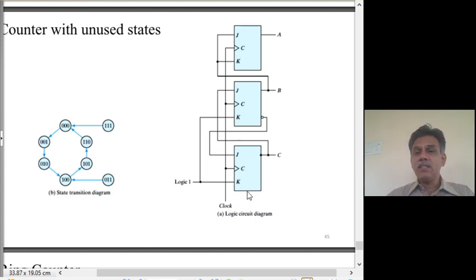For example, we saw that the flip-flops may have a preset bar input. Suppose there is a small spike in the preset bar which presets all these flip-flops into a 1, 1, 1 condition, which was not here. Now, what will happen? What will be the next state for that? This design has been arrived at only using these parts without worrying about this. So, we will not be able to tell what will happen to the machine, from 1, 1, 1 where it will go, we don't even know.